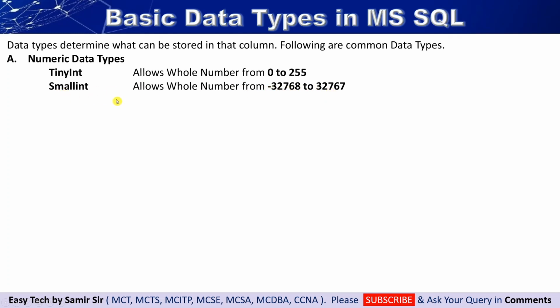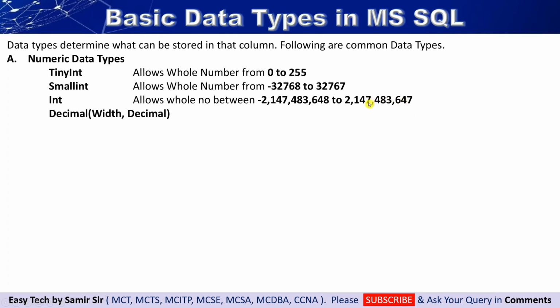If you want to use still larger volume of data, you can use int. Int allows you to store numbers in a very big range, about 2 billion: minus 2,147,483,648 to plus 2,147,483,647, big numbers without decimals.